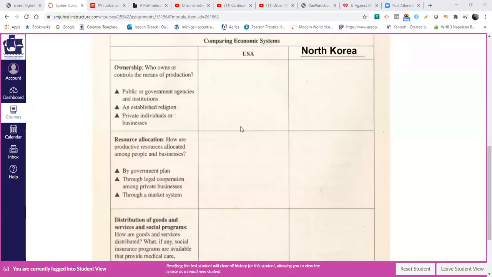Okay. So then on question 3, group 2, what do we have in terms of distribution? Still through the government. Yep. The government redistributes all of the goods and services that are produced.